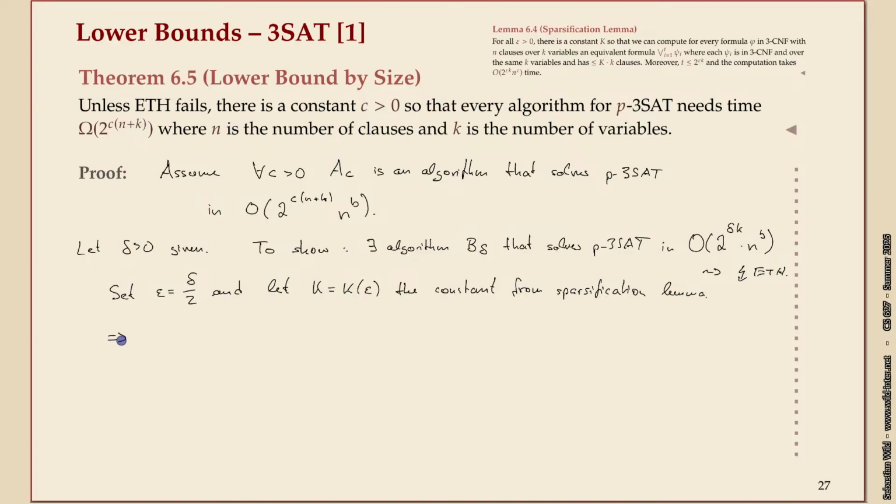So the first step that our algorithm B delta does is it invokes the algorithm that's behind the sparsification lemma, right? It's a constructive argument.